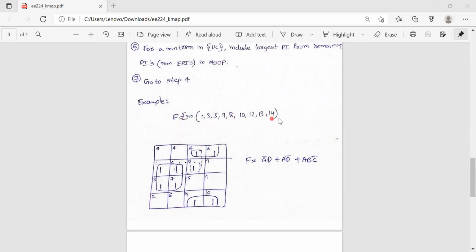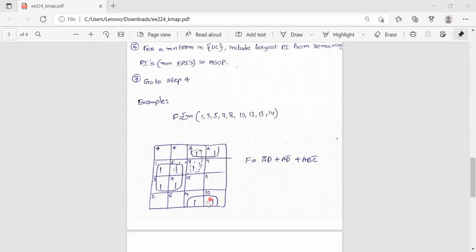This is a four variable function, so we draw the 4 by 4 cube. We write the min terms and we fill in the ones. One is here, so one.